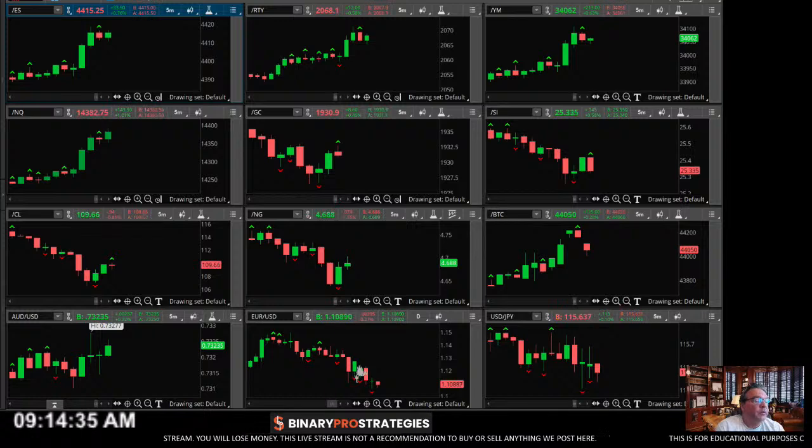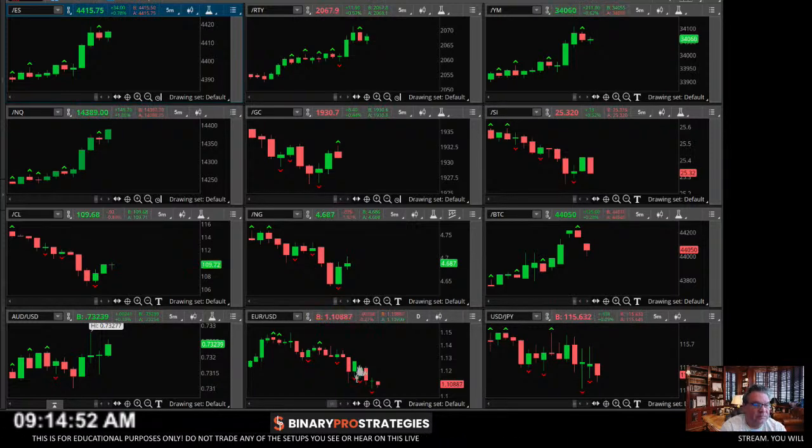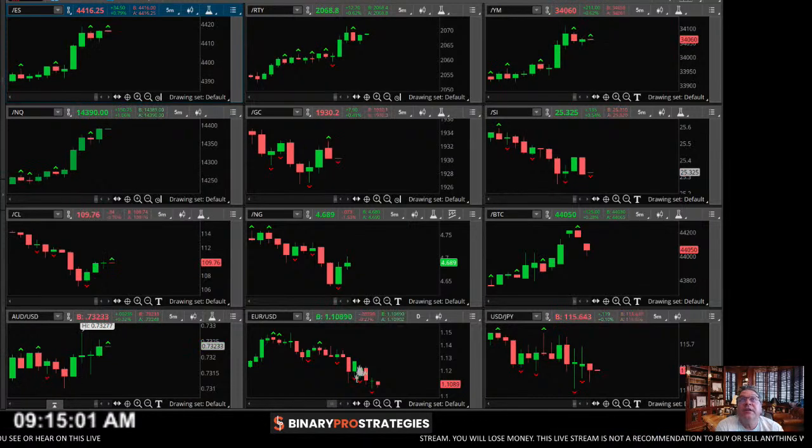But the probability of that is pretty slim. Four seconds to go. 2, 1. And that is going to be a winning trade again on that core setup. They had a double play on that.